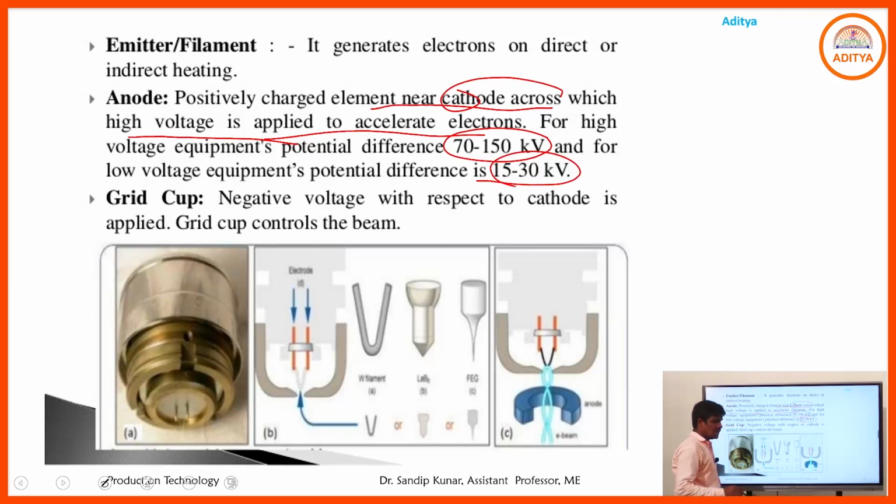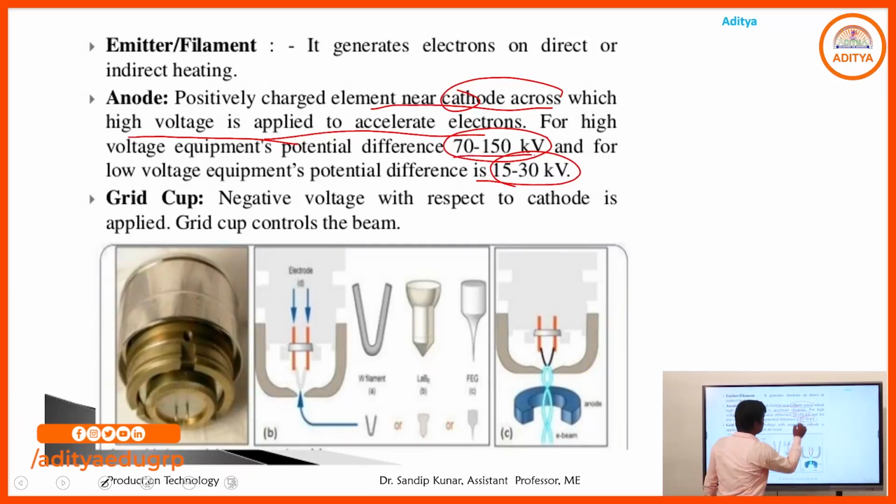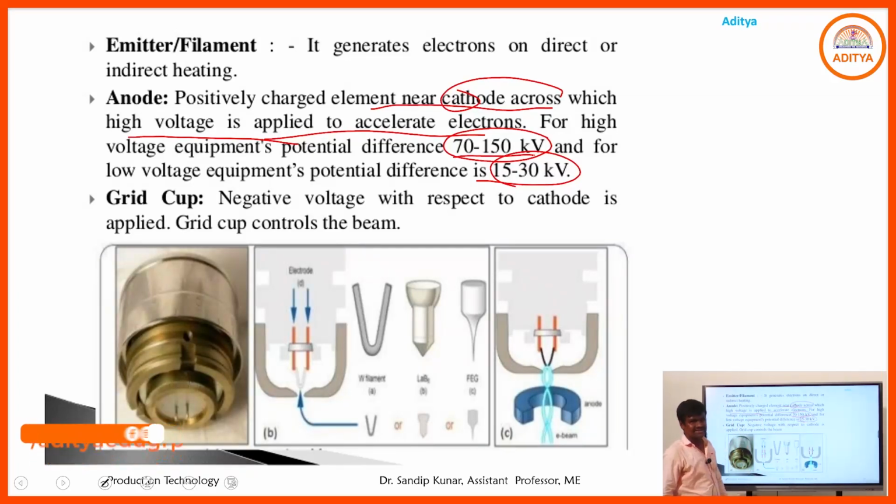Means for higher velocity of the electron beam, we apply a very high potential difference of 70 to 150 kilovolt. In case of low voltage application, we maintain the potential difference near about 15 to 30 kilovolt.